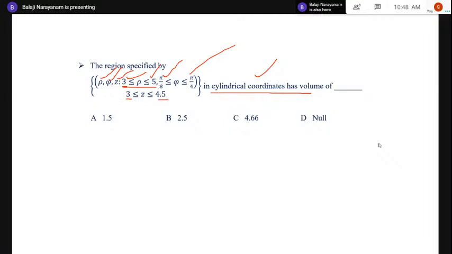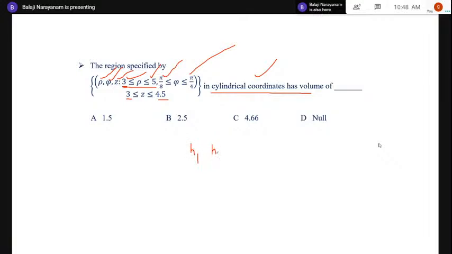Just think for a few seconds what equation can be used for solving this volume. You are aware of the differential volume, triple integral dv, in which you use H1, H2, H3, the scale factors, which we discussed in the previous sessions.